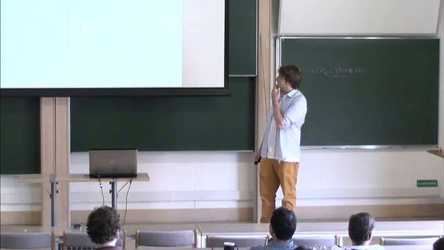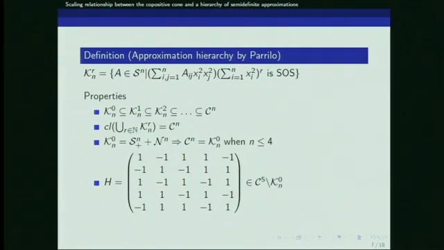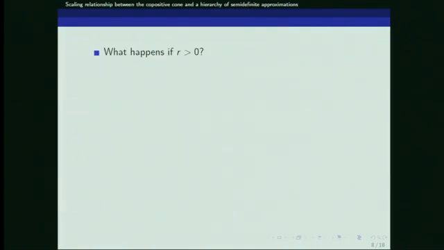So the next thing that you could do is increase r by 1, and what happens then? What happens if you take r bigger or equal to 0? In fact, a question that had been asked is what would be the minimum n for which this is no longer the case? Some of the intuition behind why this would make sense is that certain classes of extreme rays turned out to be inside of the K^1 cone.